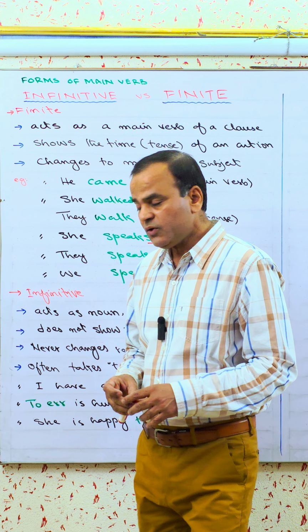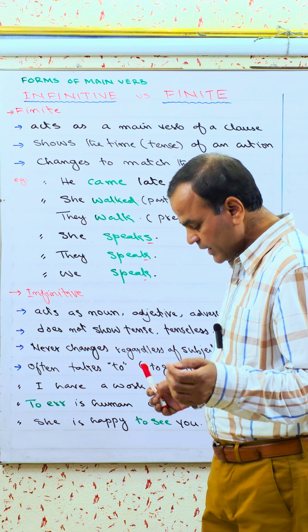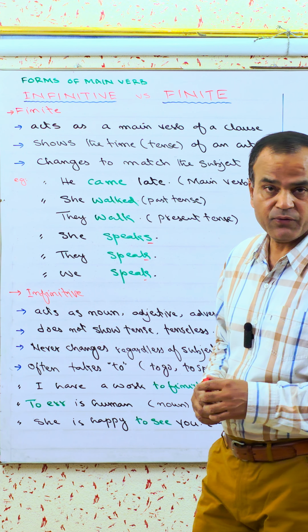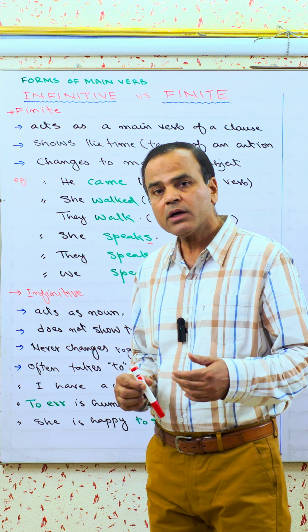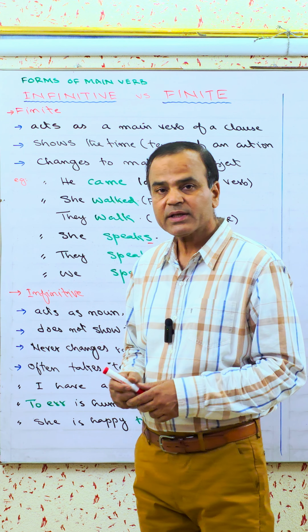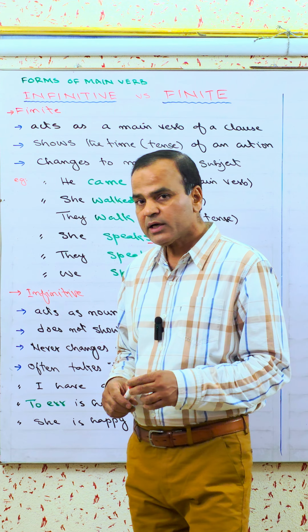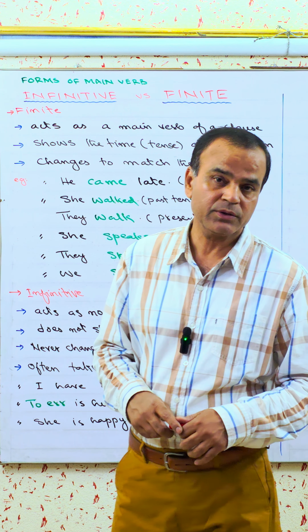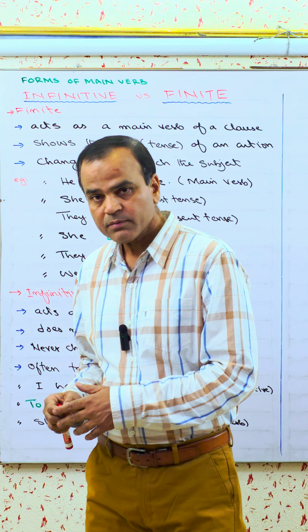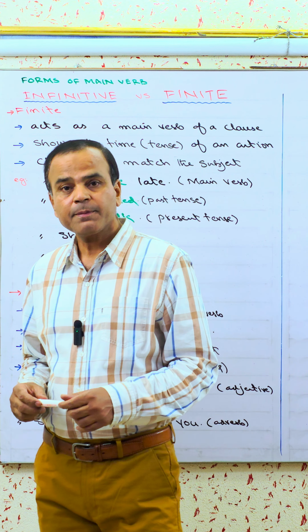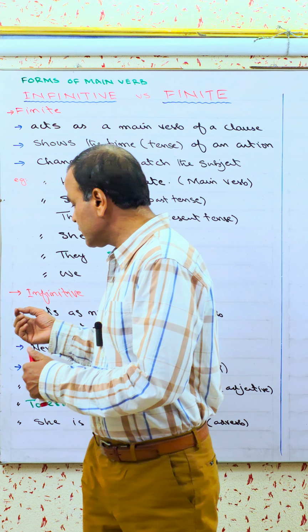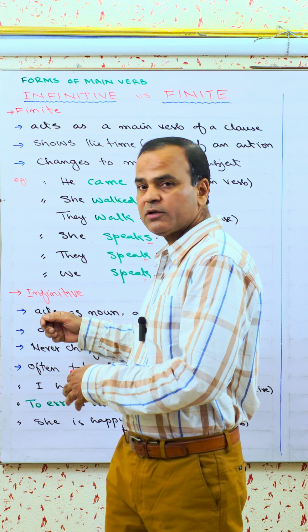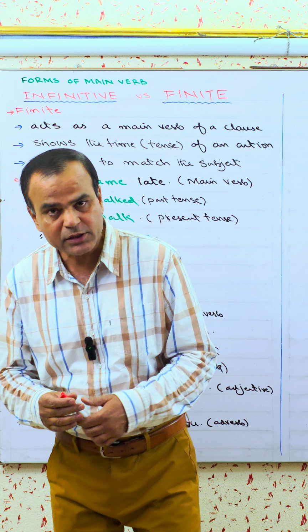But infinitive, if I tell you the literal meaning of the word infinitive, is not restricted, unlimited, not limited. And not limited by what? By subject, by the tense, or by the use of it in the tenses. So this is the actual literal meaning of the word infinitive, not limited, but it has also the same function in the grammar too.